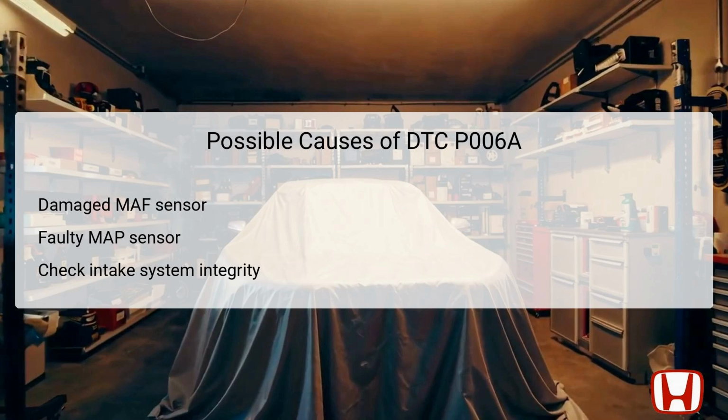Additionally, issues within the intake air system integrity may contribute to this DTC. This includes damaged hoses or connections, blockages or leaks that might alter the airflow entering the engine. Identifying the correct cause is crucial for rectifying the issue effectively and ensuring the engine operates within specified parameters.